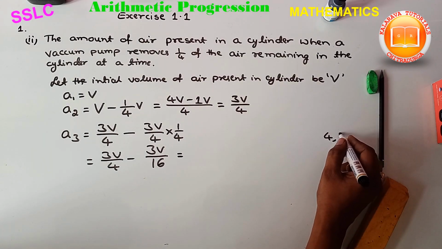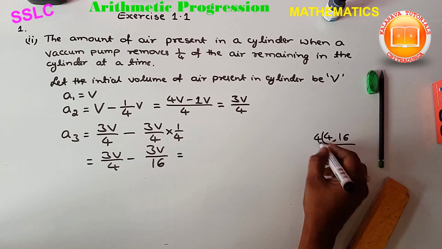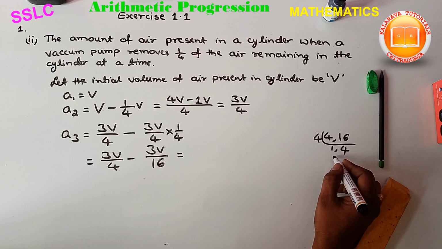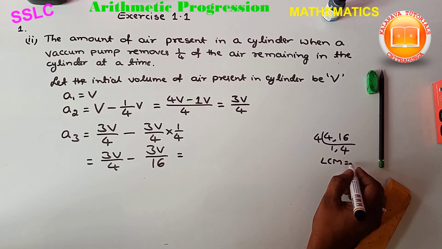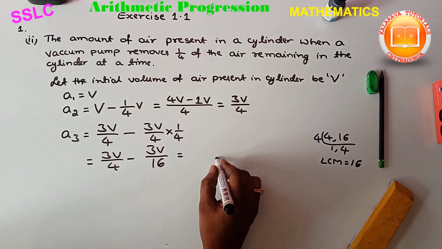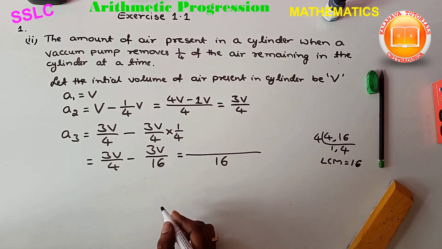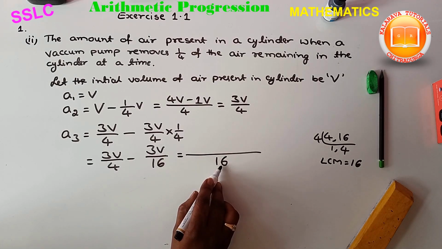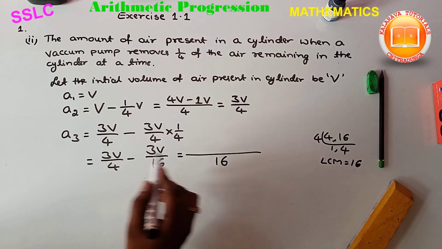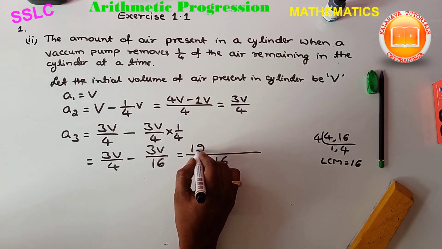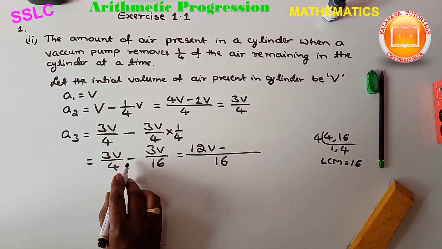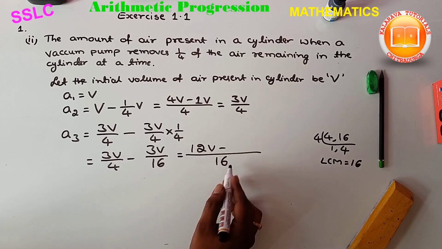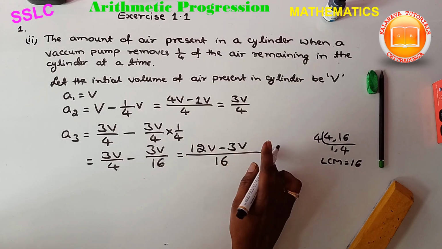So here 4 and 16 are there. We have to take the LCM of 4 and 16, which is 16. The first denominator is 4, so we divide the LCM by 4: 4 fours are 16, so we multiply this by 4, 4 threes are 12V, minus, then 16 divided by the LCM, 16 ones are 16, that is 1 into 3V, that gives you 3V.